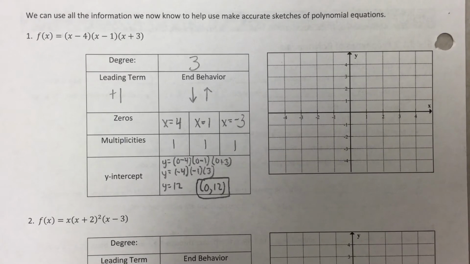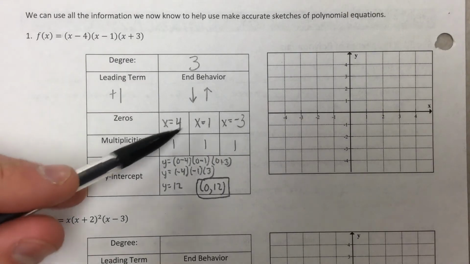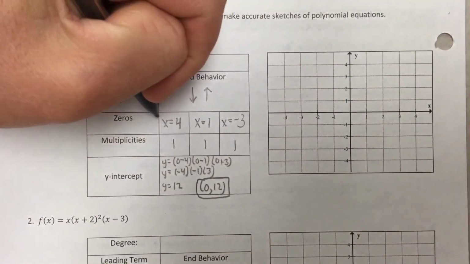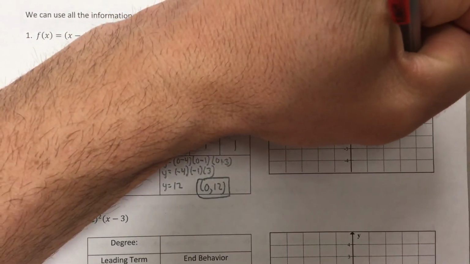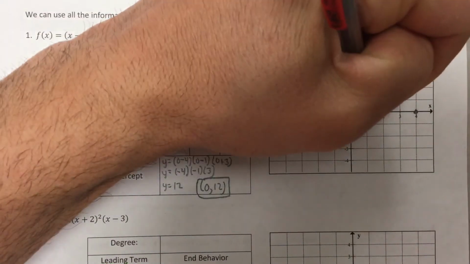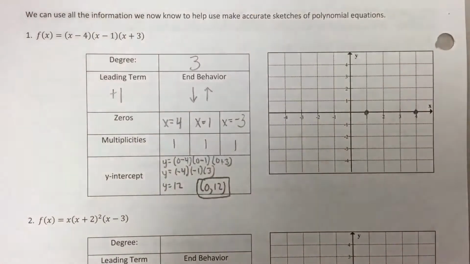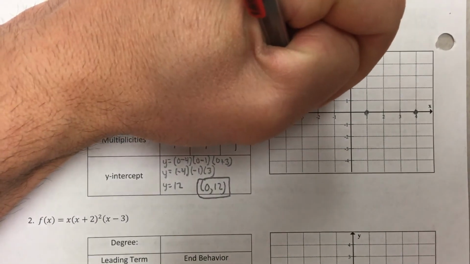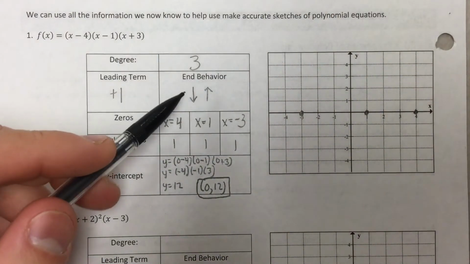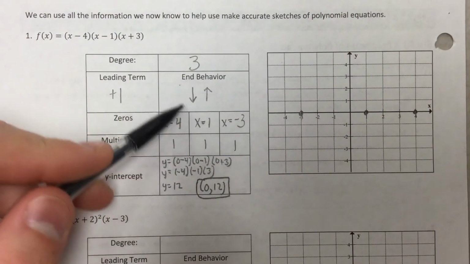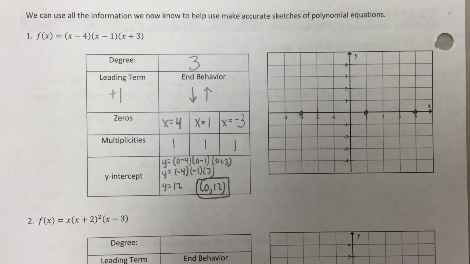And so to make our graph then, we're going to plot all of our zeros. So plot a point at 4, at 1, and at -3. And I have to start with negative end behavior on the left. Remember, I'm crossing all of these x-intercepts.